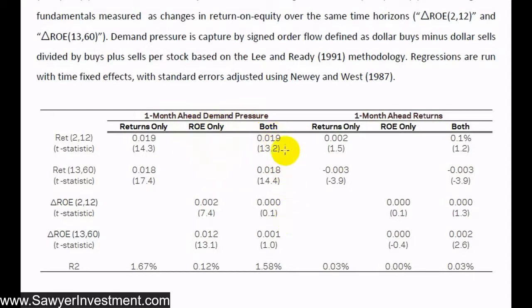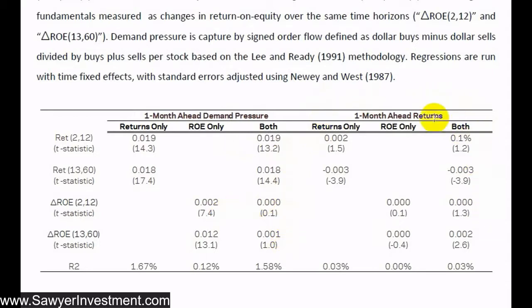However, when we put the returns and the return on equity together, we find that only the returns piece is positive and significant. This might mean that past returns and past return on equity are somewhat correlated. And so whenever controlling for one or the other, the past returns subsume the past fundamentals. So this is consistent with theories of the over-extrapolation of past returns, but not the overreaction to past fundamentals.